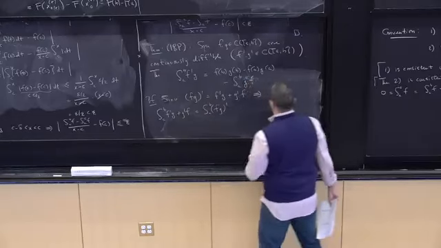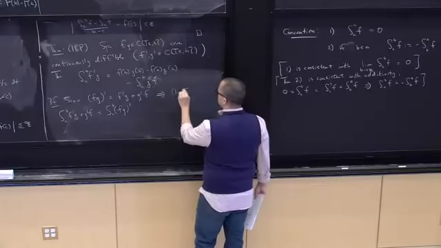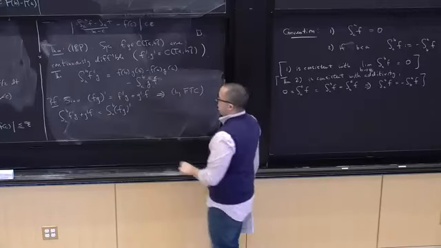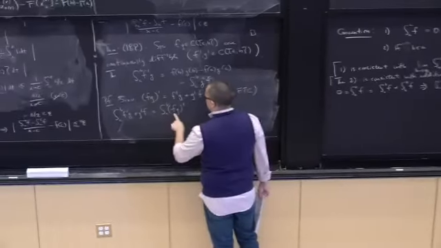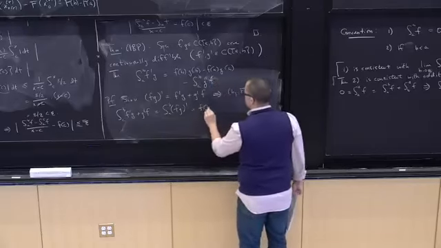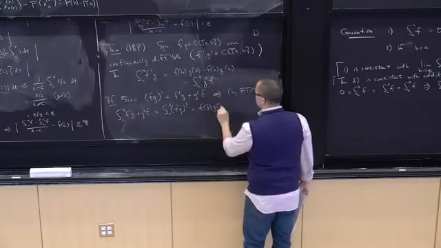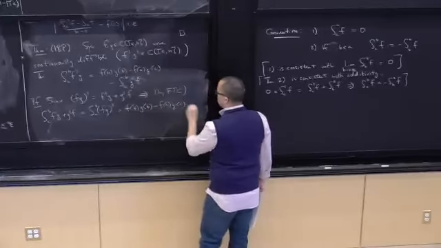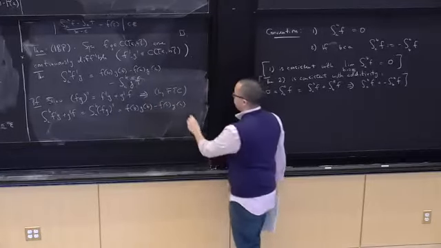And now the integral of the derivative is the function evaluated at the endpoints, so that's f of b times g of b minus f of a times g of a.